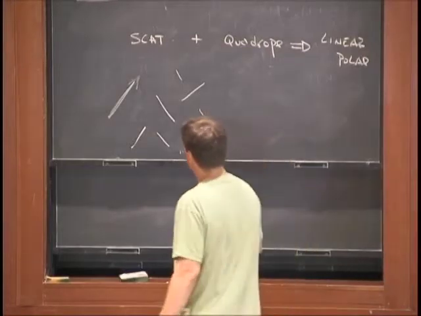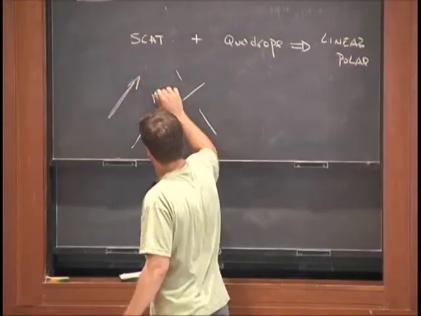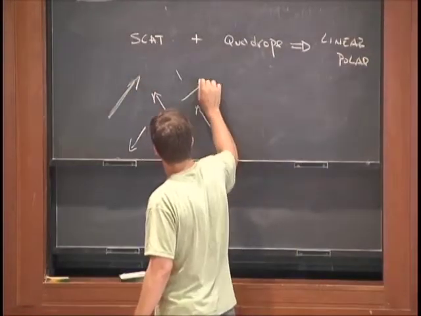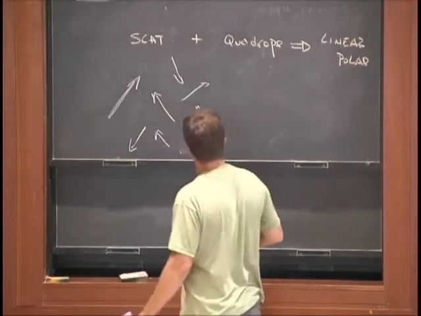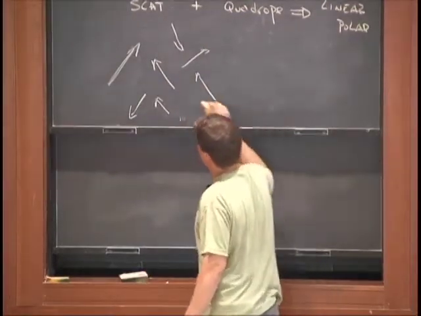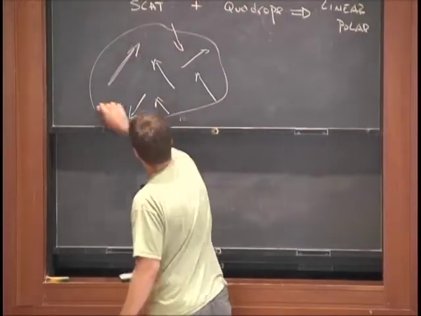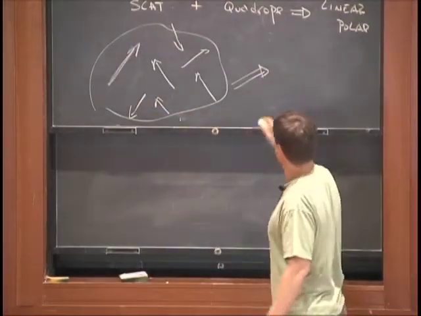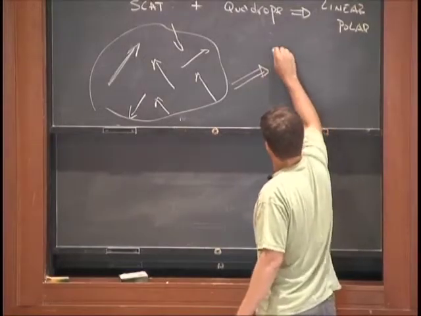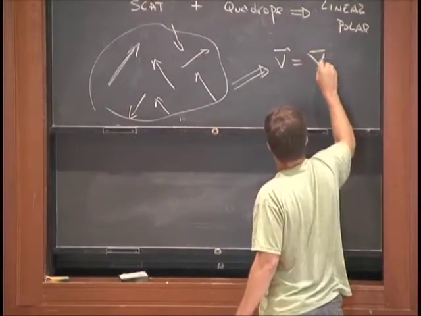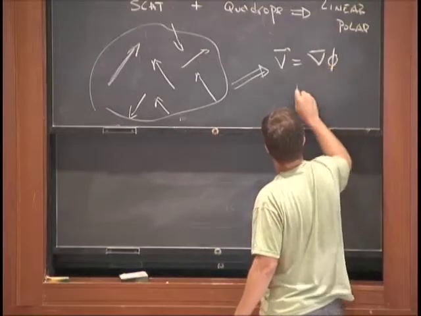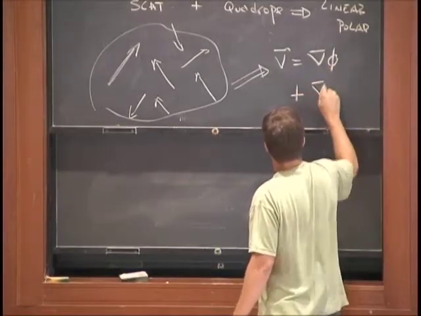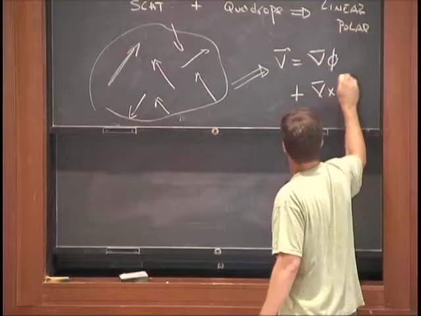If it were a vector field, you would have all of these arrows in different directions. And in that case, you all know that if you take a region and you've measured all the polarization, you would be able to decompose this map: the vector field can be a gradient of some potential plus the curl of some vector potential, however you want to call it.